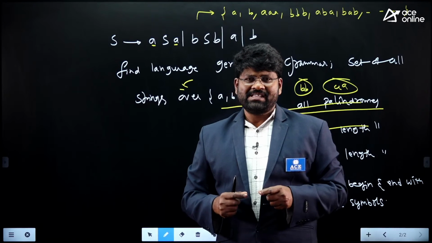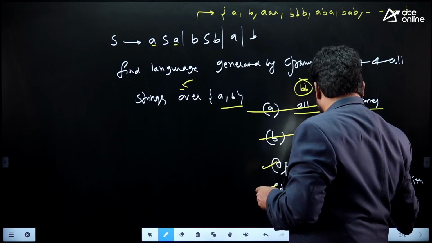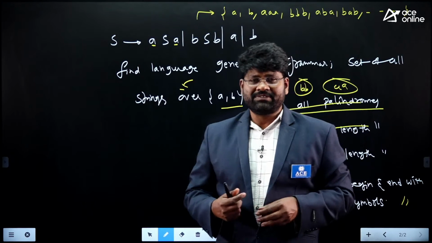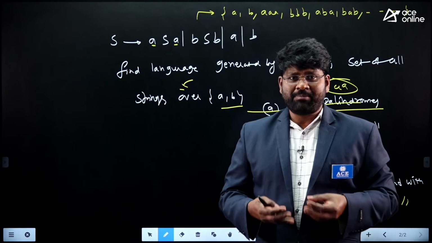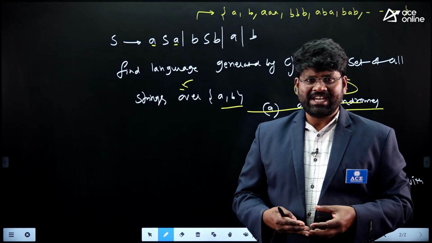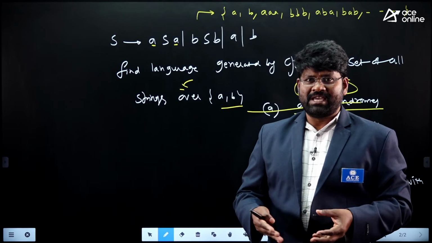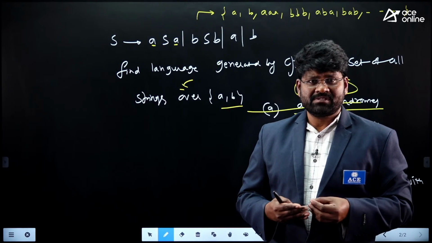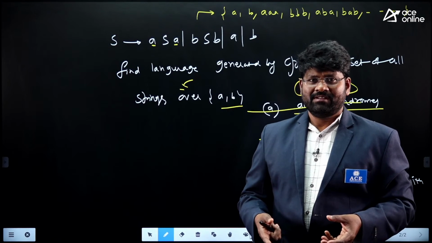But the fact is, is it necessary to be always a palindrome as per option D? Is it necessary that all strings which begin and end with the same symbols are palindromes? That's the point. You have to think in that way.